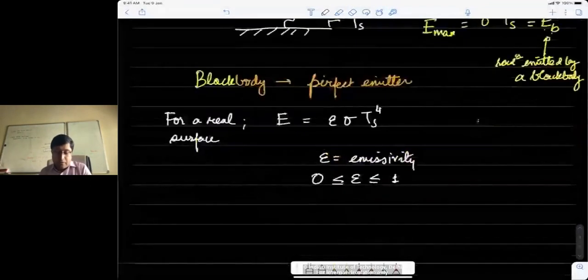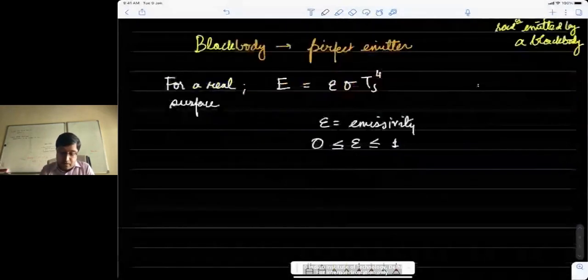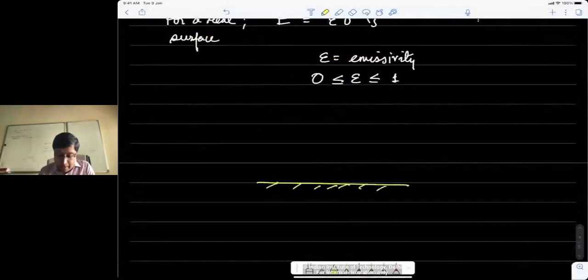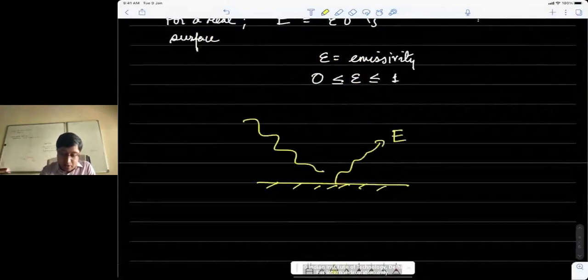Radiation need not be all because of emission. We can also have radiation incident on a surface. If I consider again a surface which is emitting some radiation, there could also be incident radiation on the surface, which we call G as a symbol, and G is what we call irradiation.